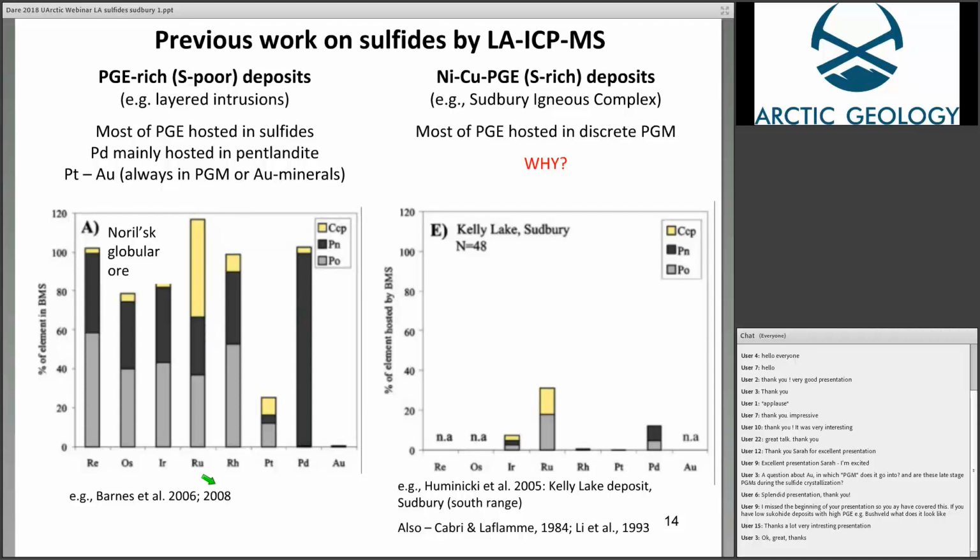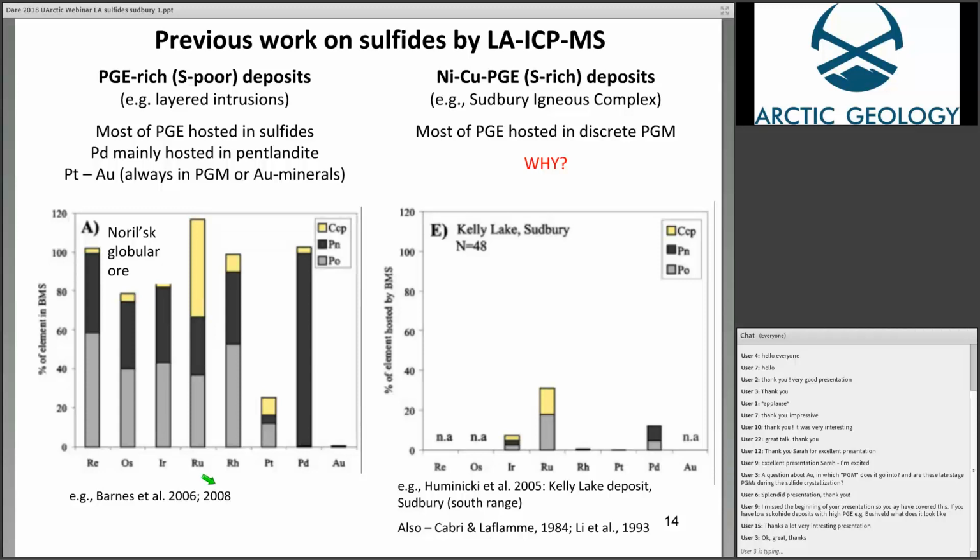A very good review, if you're interested, is Barnes et al. 2008, where she reviewed her team's work on various layered intrusions, including Belinda Godel's work on the Stillwater and Bushveld, to propose, that's really the starting point to try and understand where the PGE are in these sulfide systems.